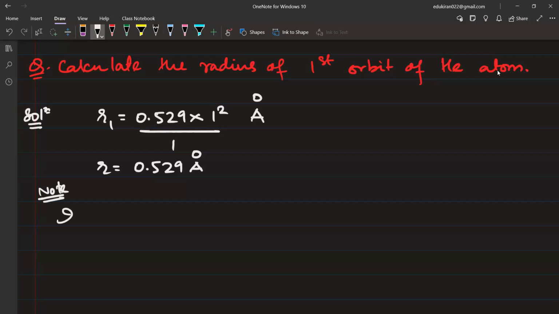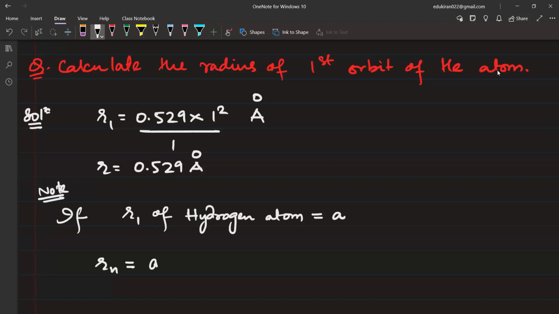So please write, if R1, मतलब radius of the first orbit of hydrogen, is equal to A. कितना value दिया उन्होंने? A दिया. No matter what the unit is, then radius of any other orbit of any other atom will be equal to A times n square divided by Z.